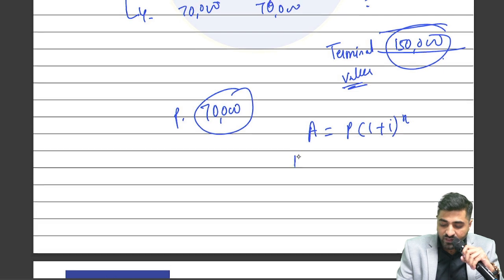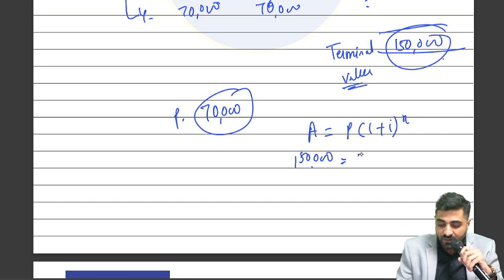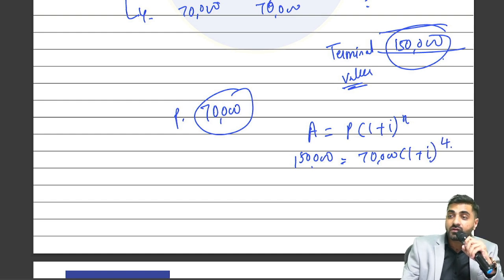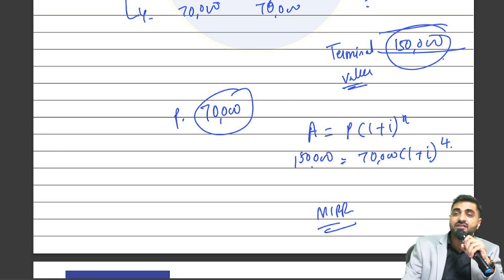What is the amount which I am receiving at the end of the 4th year? 1,50,000. What is the principal today? 70,000. And 1 plus i, I want to find out the rate, raised to the power 4 because there are 4 years. And based on this, can I say I can get my modified IRR? Come on, yes or no? Yes, sir. This is the rate at which my PV of CI and PV of CO both are equal.